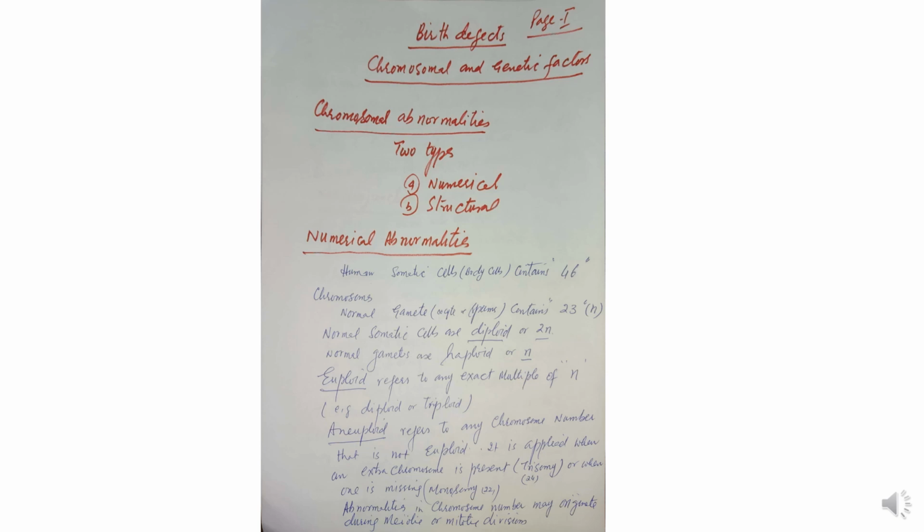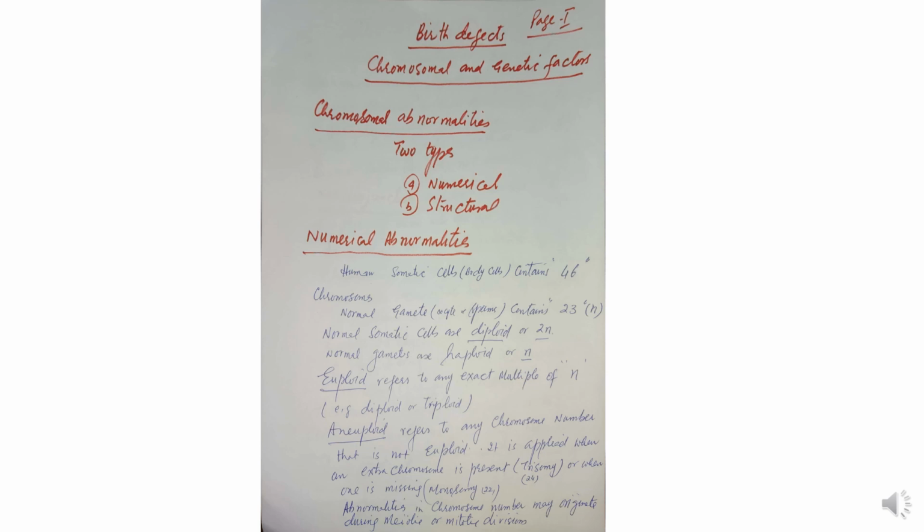Otherwise, the 46 chromosomes divide into 23 and 23 in meiosis. Each cell receives 23 chromosomes. If one chromosome fails to detach and passes to the other side, the number changes to 24, and the other, in which it does not pass, becomes 22.